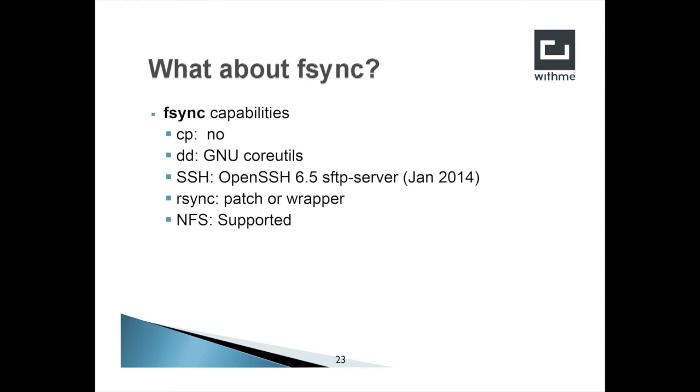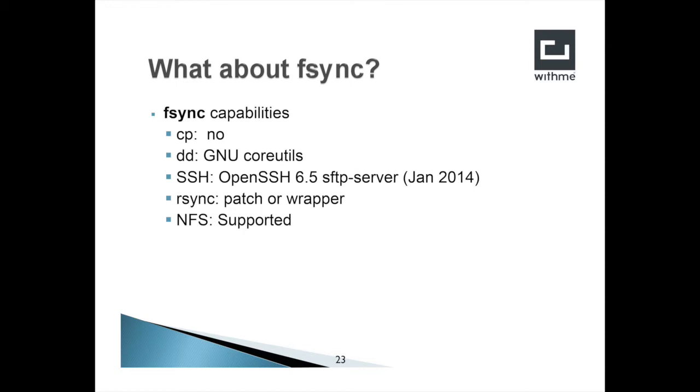Once the command was sent, it could fail, and Postgres will remove that file from the primary, and the command will succeed, but it doesn't have fsync. With dd there are some GNU core utilities that provide fsync. I think SSH introduced this fsync capability in 2014.